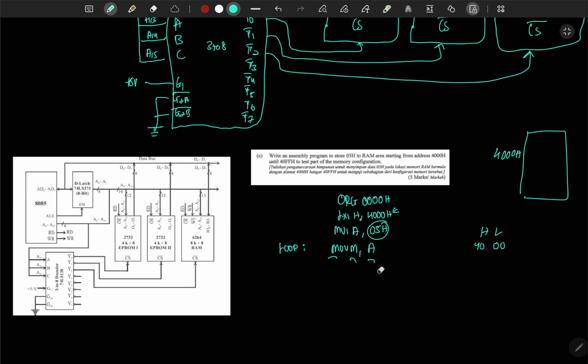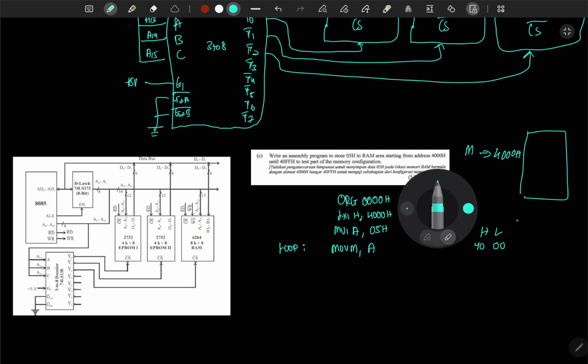Now the code is telling move A into M. Our M is showing 4000. Load pair H means HL pair, and HL pair is also said as M. So move M means you move to the address that's in the M, right? Not to be confused.